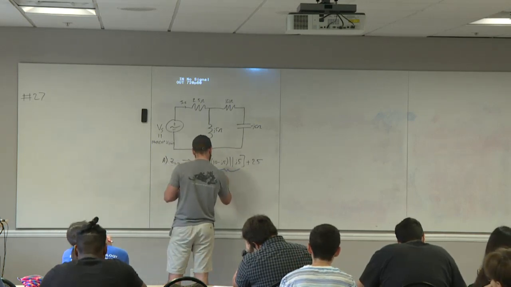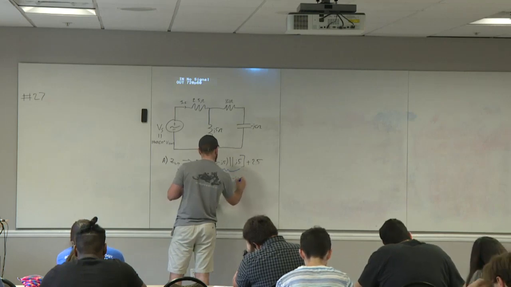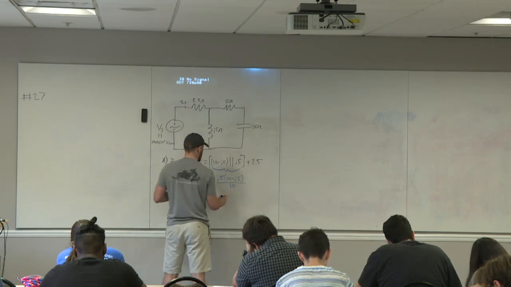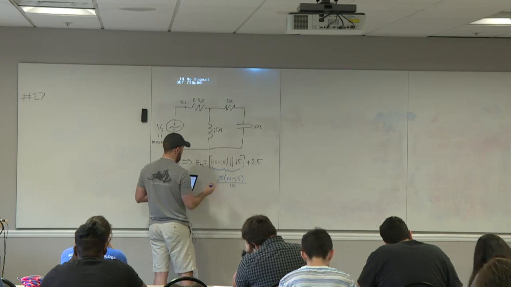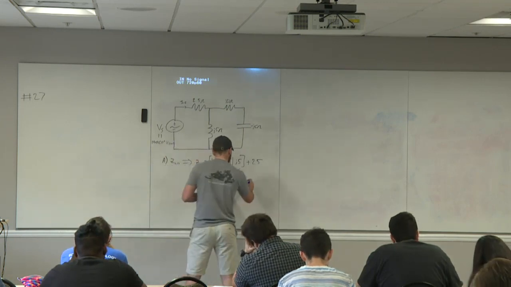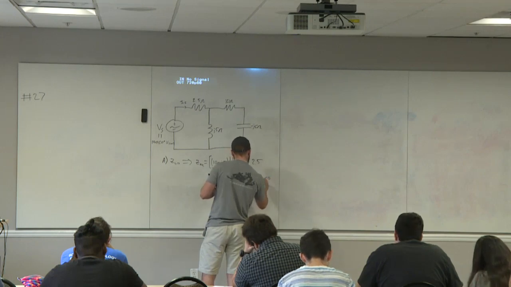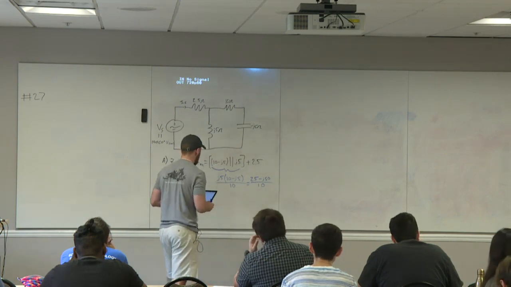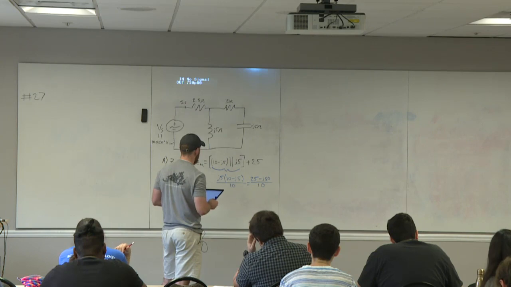I did J5 times (10 minus J5) over 10. We add the values down here, J5 minus J5, so the J5 goes away. This is going to equal 25 minus J50 over 10. So we divide by 10 and get 2.5 minus J5.